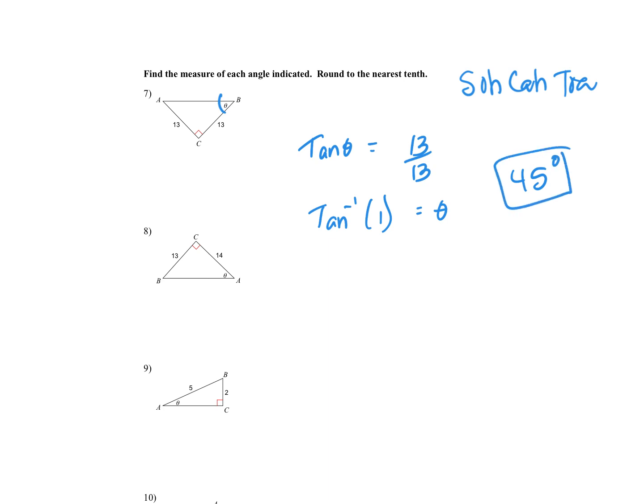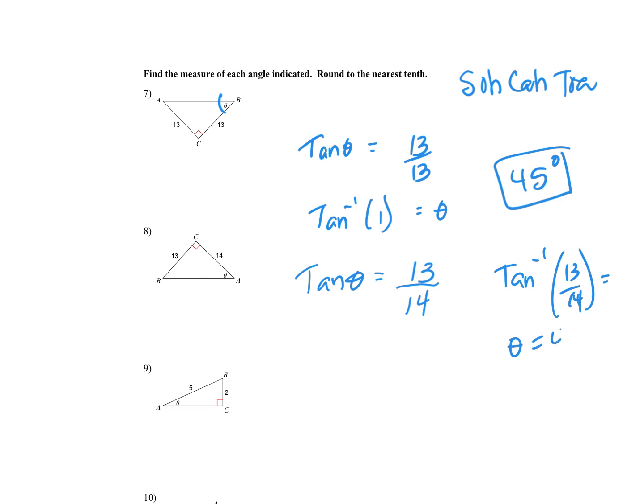The next one is opposite and adjacent also. So tangent of theta equals 13 over 14. So tan negative 1 of 13 over 14 equals 42.9. So theta equals 42.9.